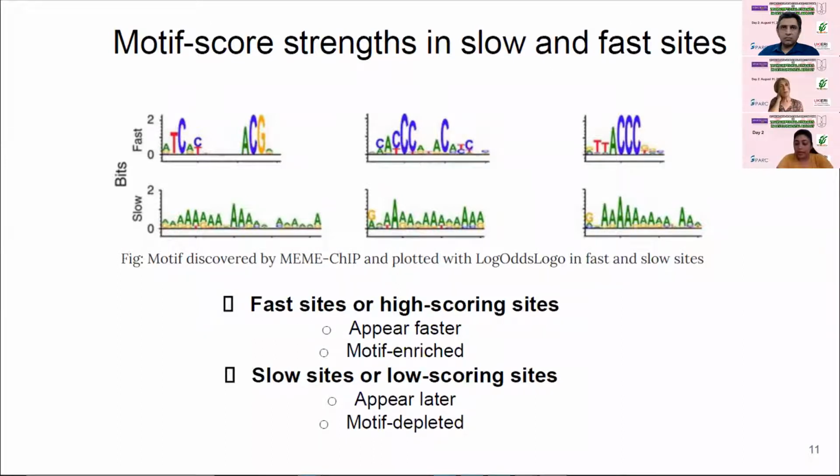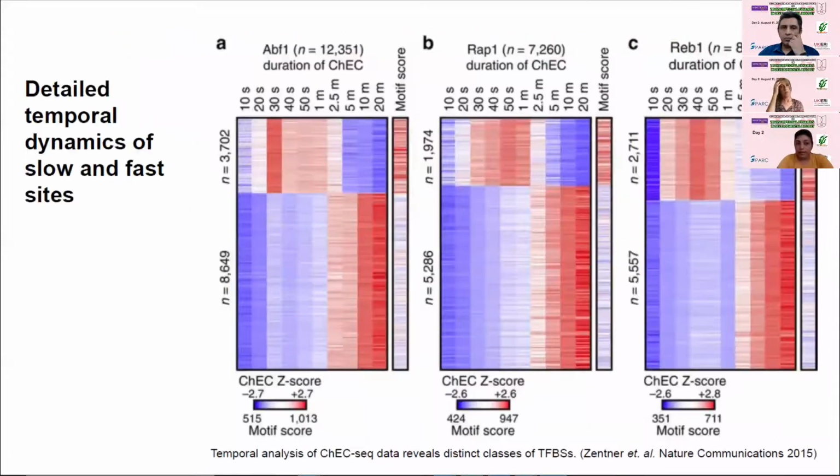And the slow sites did not have any specific motif for the transcription factor, but they were motif depleted, and they appeared later in the reaction.